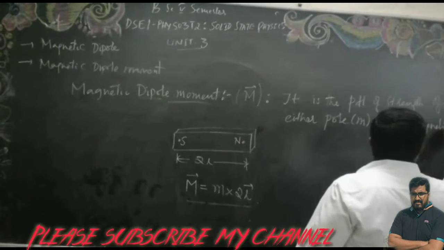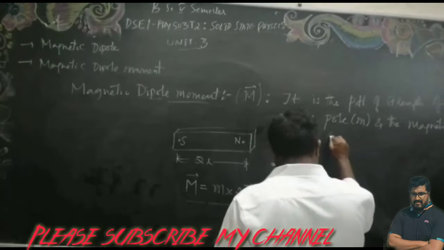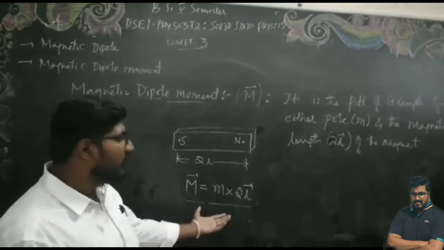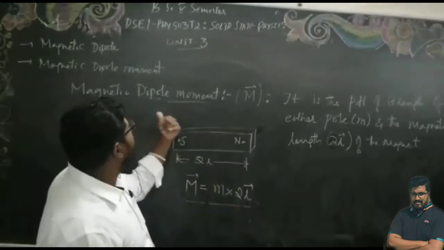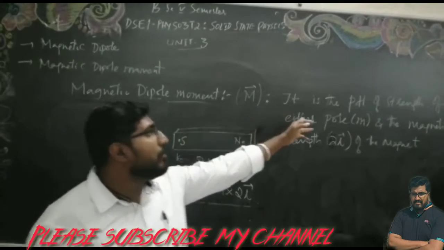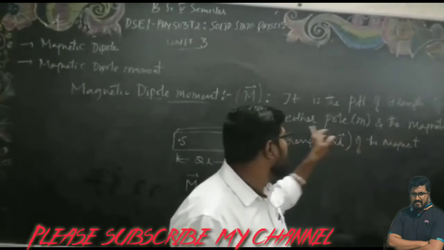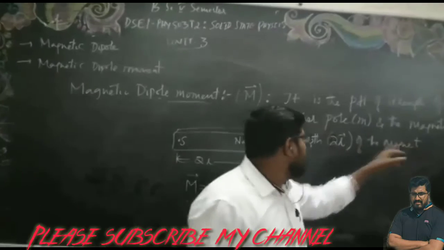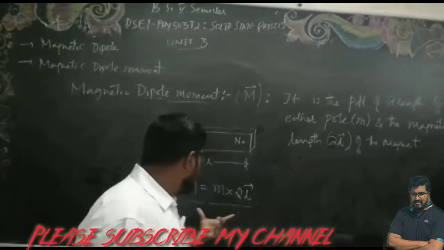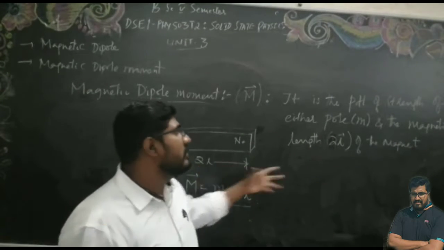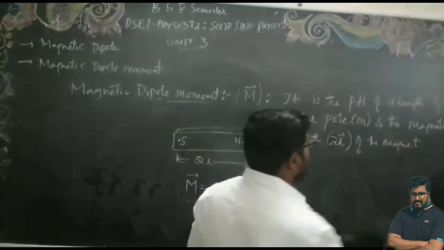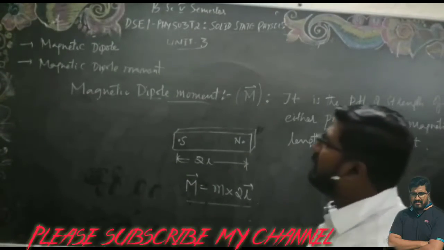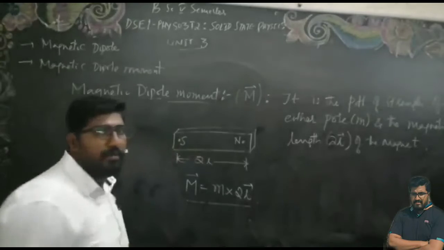So, as I told you, the magnetic dipole moment is the product of the strength of either pole, or just the pole strength, and the magnetic length. This is our magnetic length of the magnet.